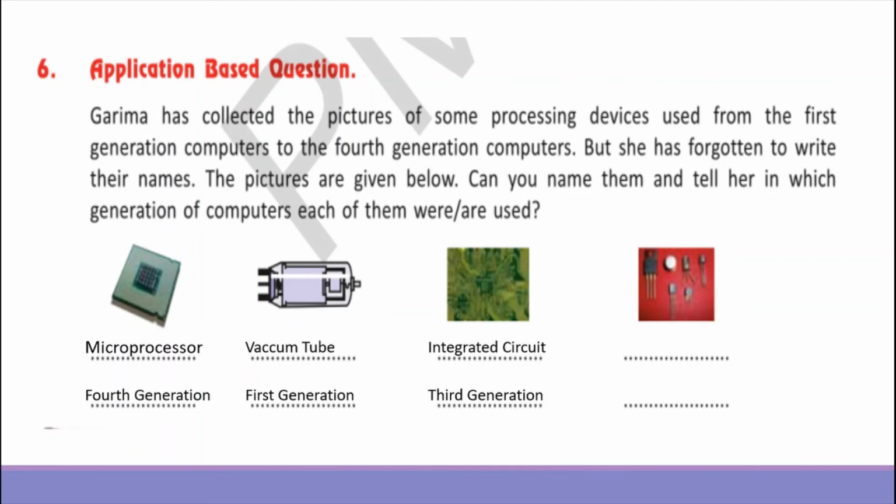It was from third generation. The last one? Transistors. And transistors were from second generation. With this, children, we have completed our back exercises of lesson number 1, Generations of Computer.